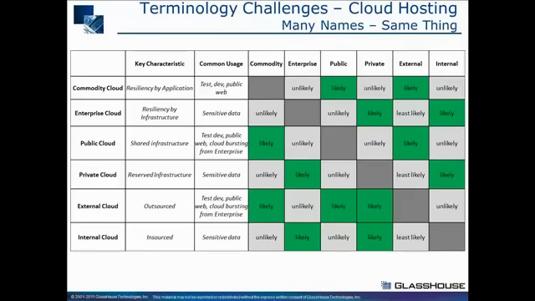So what I've done here in this little matrix is show the key characteristics of each of these types of cloud and what their common usage is and what they might also be called. So a commodity cloud can also be most likely a public cloud and typically is provided externally.